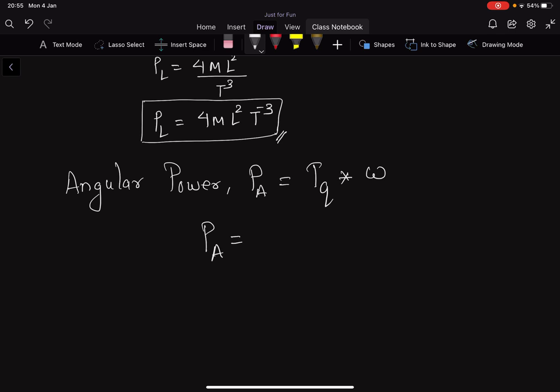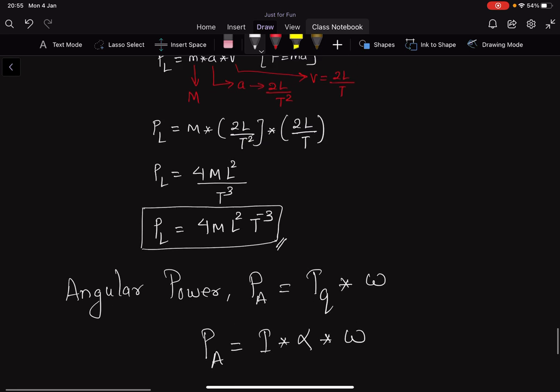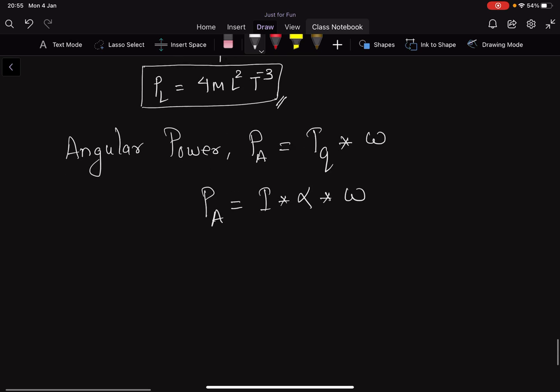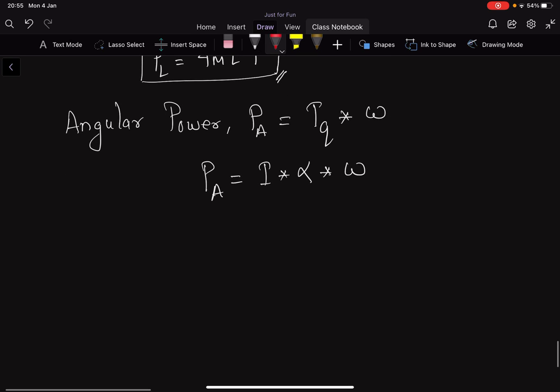Let's simplify this further. Now what is torque? We know the relationship for torque is inertia times angular acceleration, times omega. And we are going to use the relationships like we have used before, one by one. Now inertia has its own relationship: half mass times r square. I'm going to use that r as L directly here.